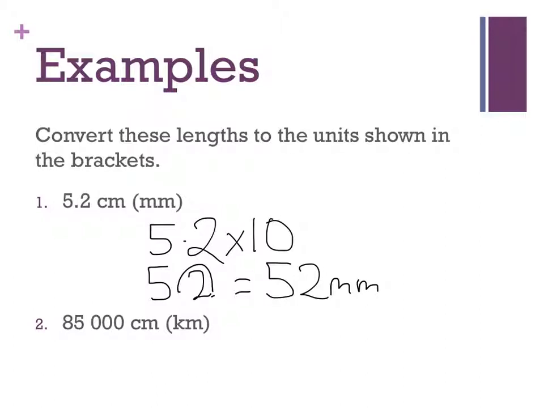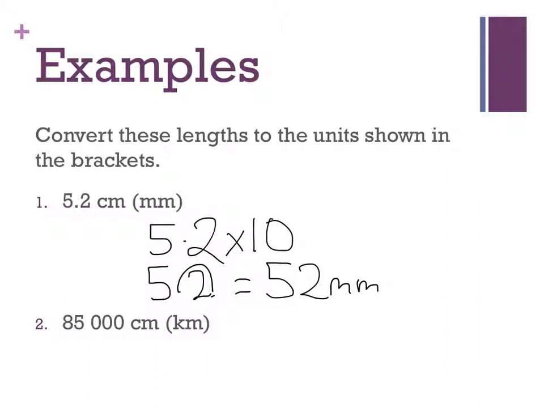Now, the next one's a little bit more tricky. It says 85,000 centimetres into kilometres. Okay, so because that's skipping 2 brackets, the first thing I need to do is convert centimetres to metres. Now, when I'm going from a smaller unit to a bigger unit, I need to divide.